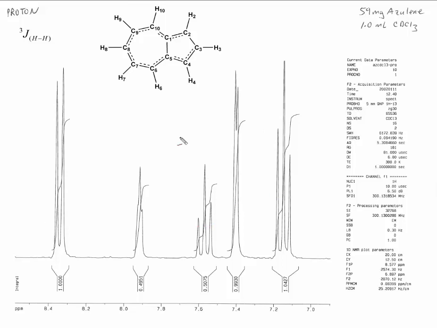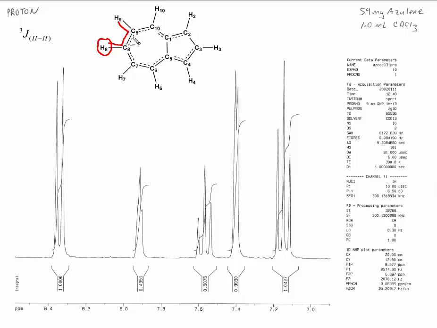So, for instance, let's pick one of these hydrogens here. If we were trying to think about the splitting pattern that would be due to this particular hydrogen, we would look at the neighboring hydrogens that are 3 bonds away. So 1, 2, 3, that would mean it would be split by this hydrogen.